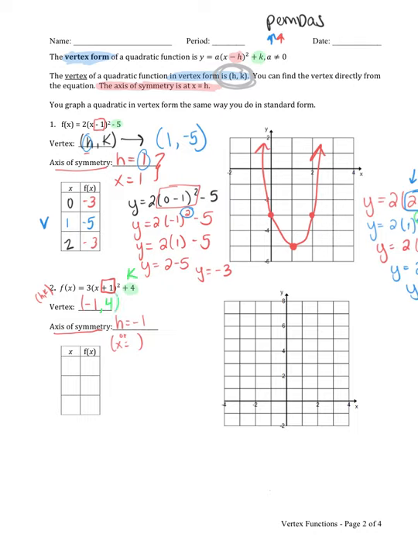So that becomes my Y value of my vertex. And we know that once we found our vertex, we're going to plug it back in right into the middle, okay? And we are going to go right 1 of negative 1 and left 1, just like we did on top there. But now we have a 0 and a negative 2, okay?